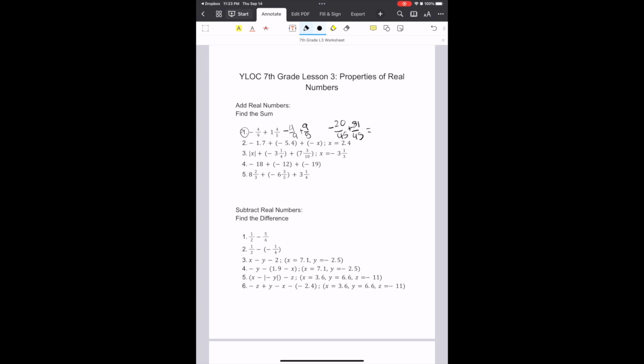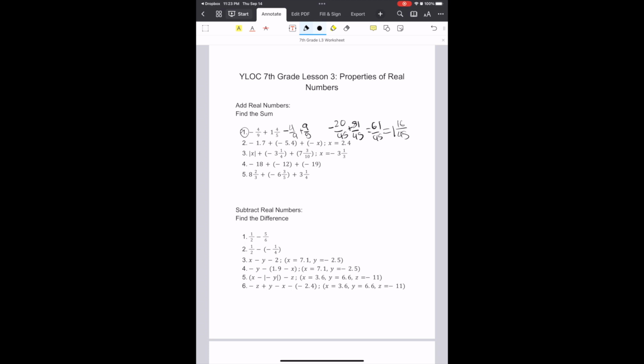And that should equal 61 over 45. And then once you turn that into a mixed number, you'd get 1 and 16 over 45.